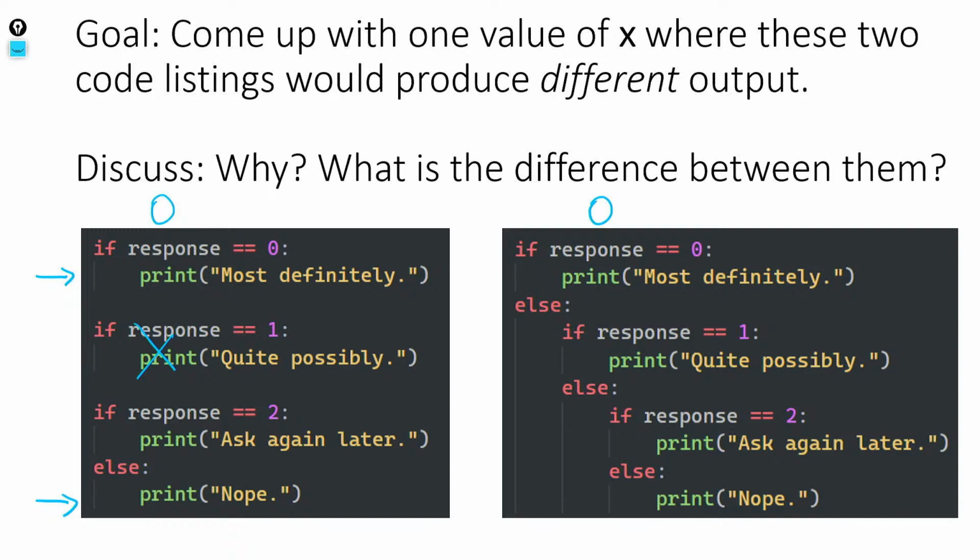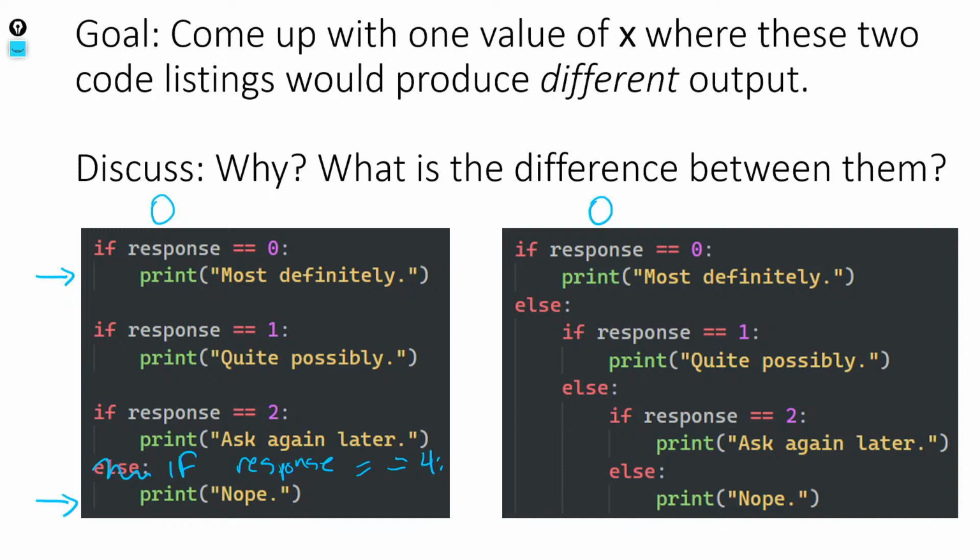All right. Another reason for this, you could imagine, instead of being else, if this was if response is equal to, say, 4 instead, this would still be suboptimal, right? The reason for that is, we know that response should be only one of these 4 possible options, but in the first example here, if response was 0, well, the computer is still going to check, after it knows that it's 0, is response equal to 1, is response equal to 2?